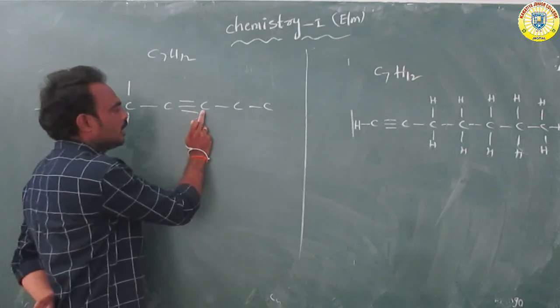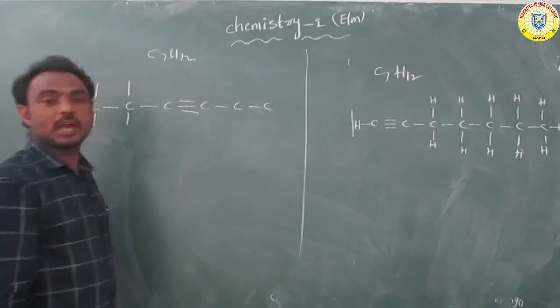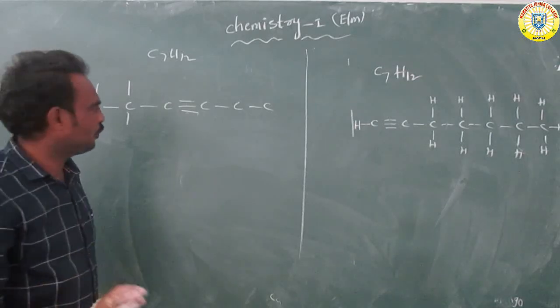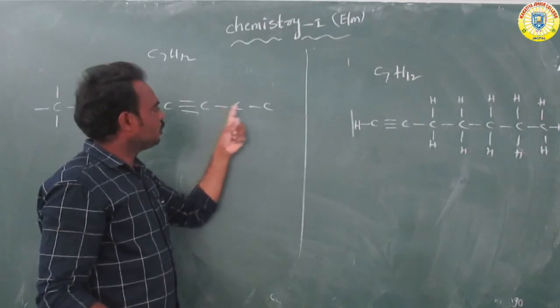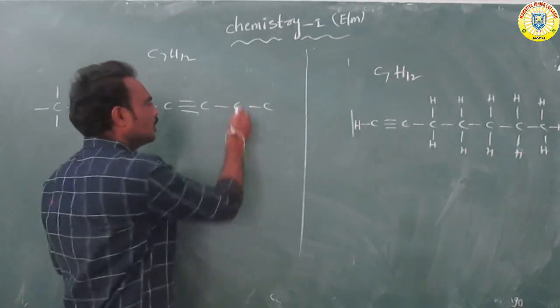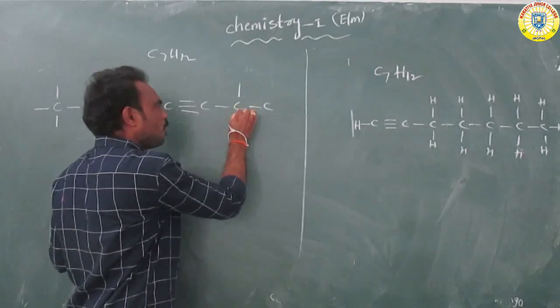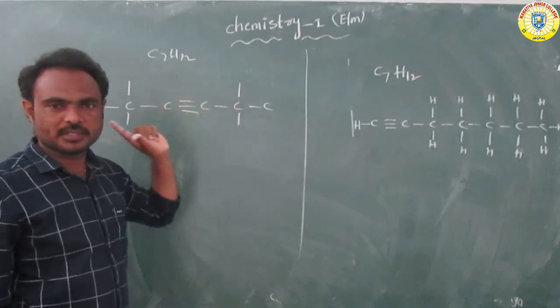Next, this carbon, 1, 2, 3, 4, it is also fulfilled. Suppose this carbon has 2 bonds, remaining 2, so total 4 bonds.